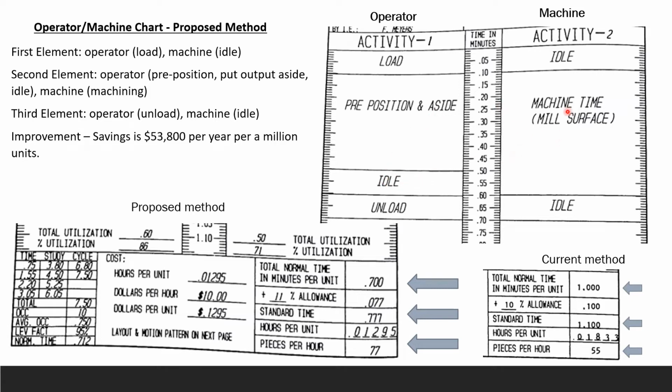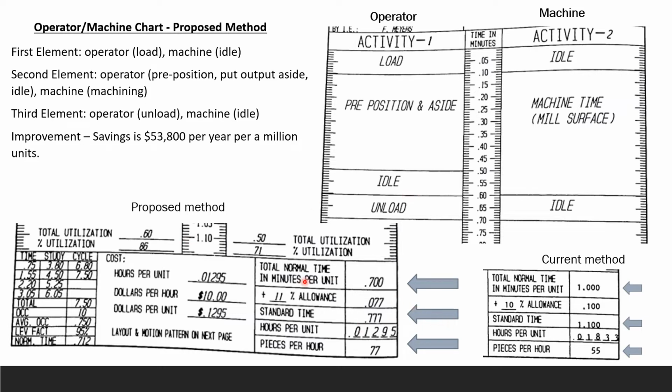At that time, your machine is machining. And the third one is your operator is unloading and then your machine is going to go idle. Your improvement by doing this, they propose, is going to save about $53,800 per year. And that is for 1,000,000 units of production.